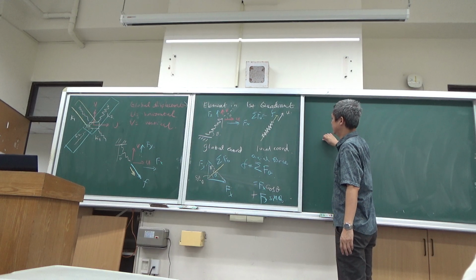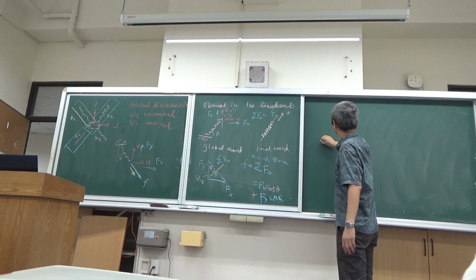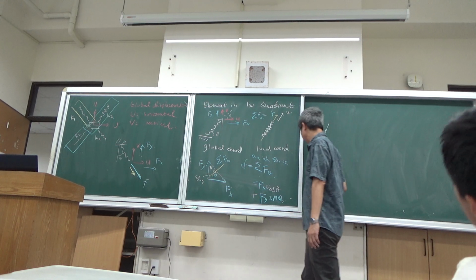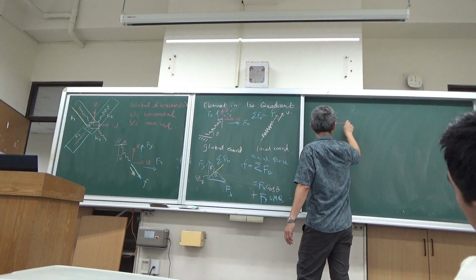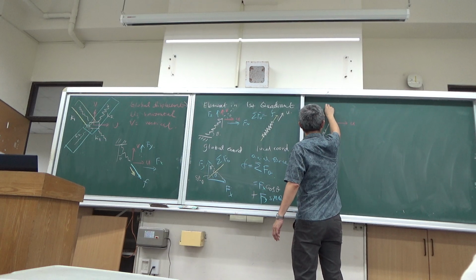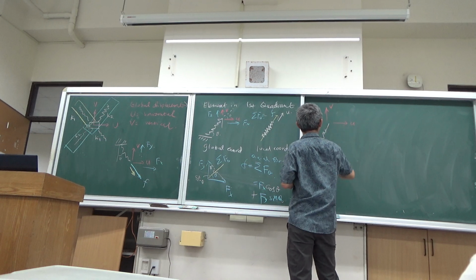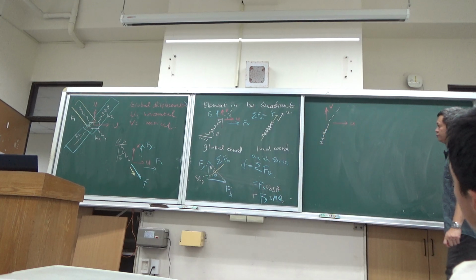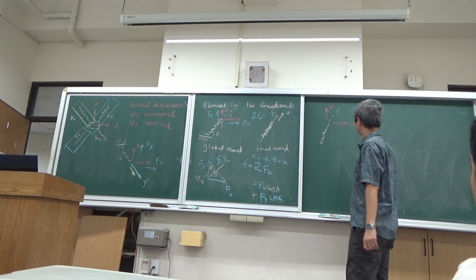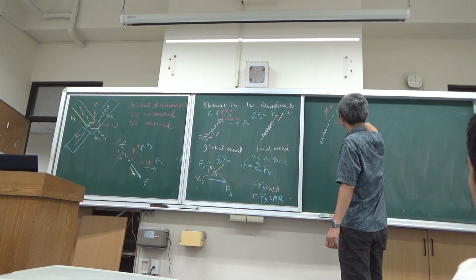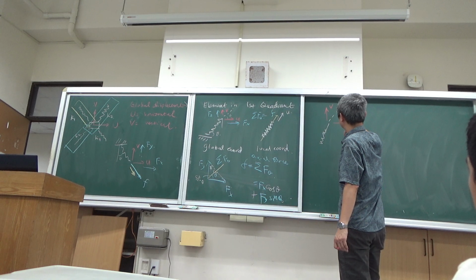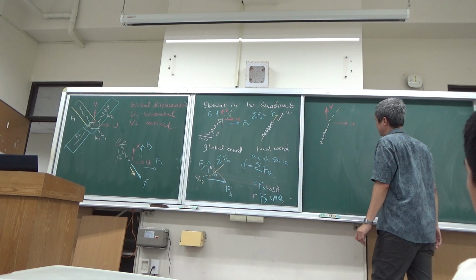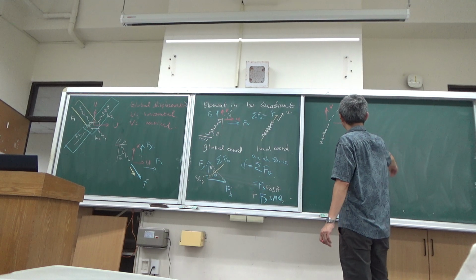Okay, let's draw again. Your displacement is U and V. Okay. So in this case, how would the displacement look like?